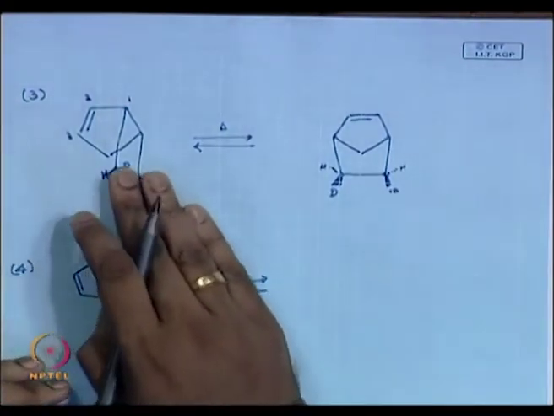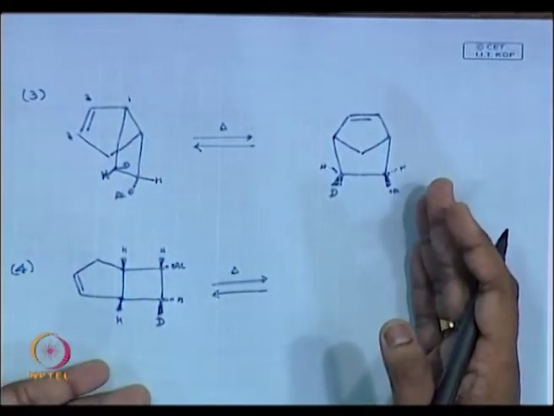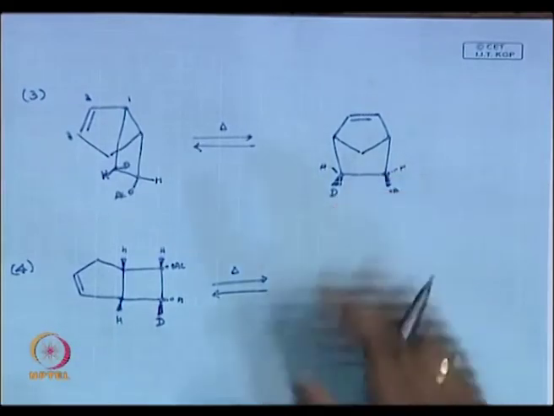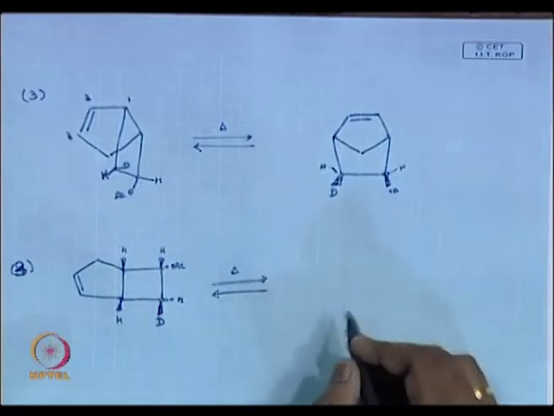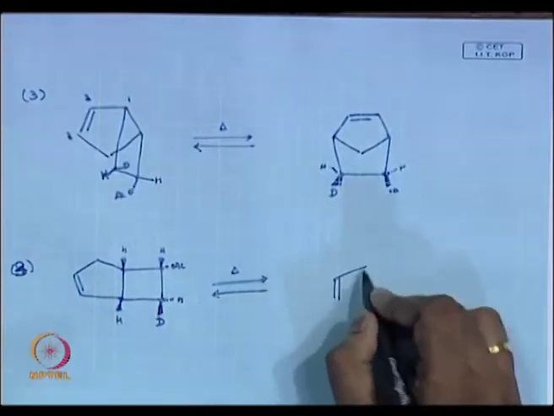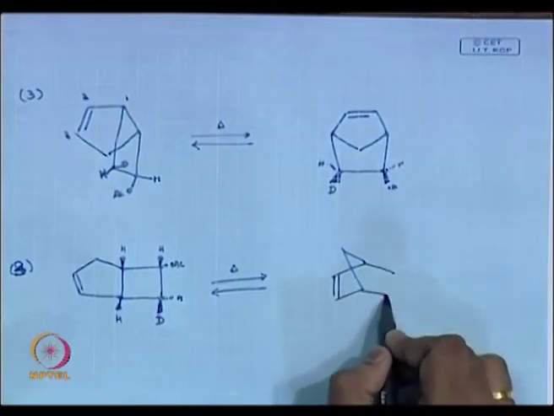So, when you write, you can open this up and then also you can draw your stereochemistry. Okay. Same way for this product, if you write it in another way, it is the same way I am writing it. Now, whichever way you like, you can open it up.